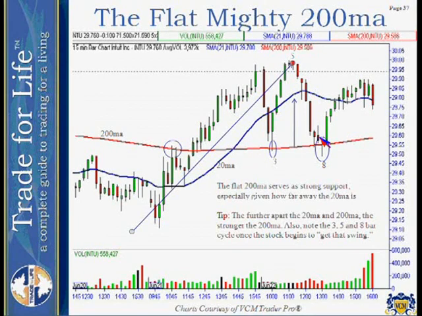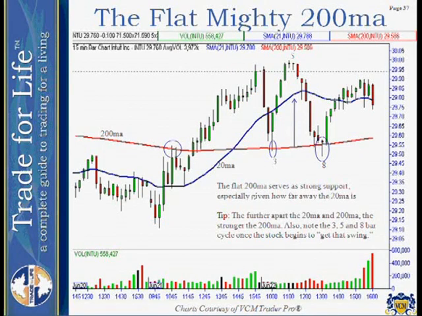So the 200, when it's flat, does tend to serve as a strong area of support and resistance. Right? Just showing examples of how the 200 acts when it's flat.